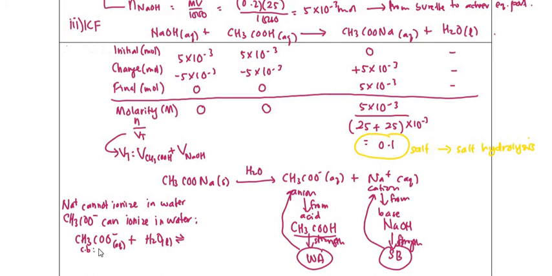Kalau base, that means dia adalah proton acceptor. So it becomes CH3COOH. How about H2O? Since the ion is a proton acceptor, this is the proton donor. So it donates 1 H and becomes OH minus.